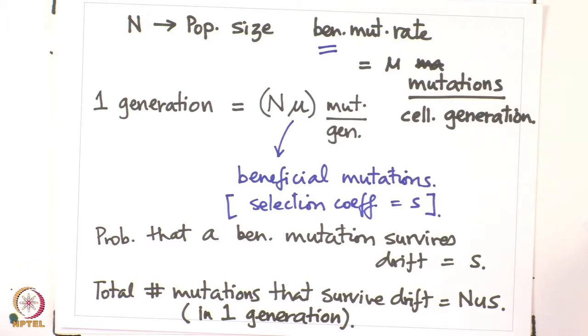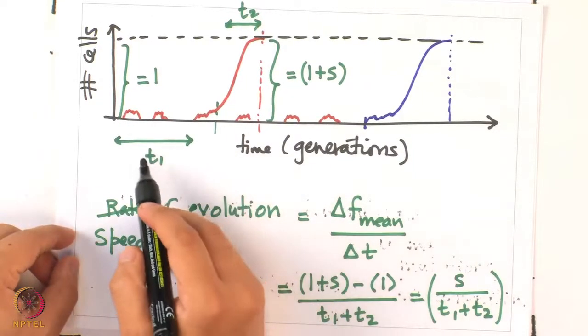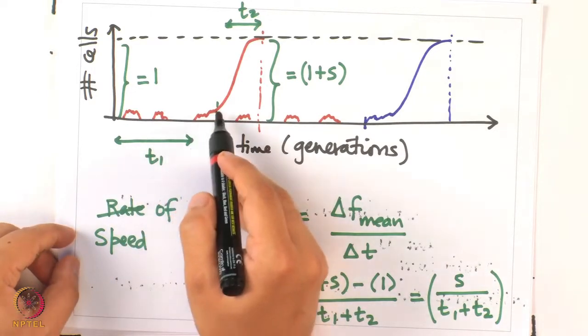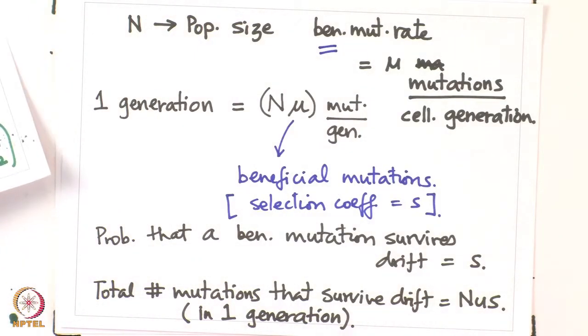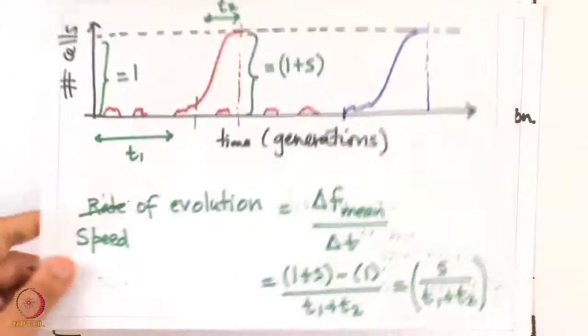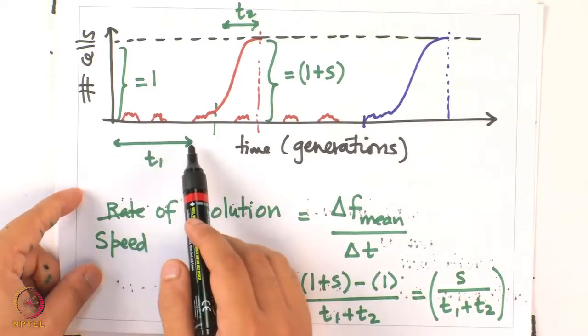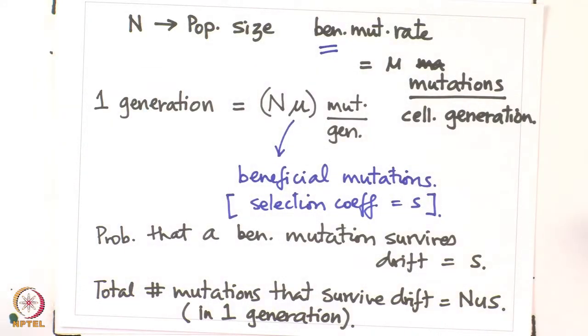But what I am interested in for my analysis is how much time I have to wait before the first mutation gets established. Whereas, what I have found here is how many mutations got established in one generation time. What I want is how much time, in terms of number of generations, I have to wait for the first mutation to get established.